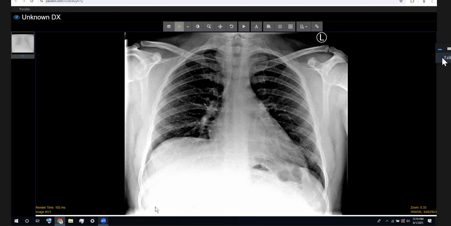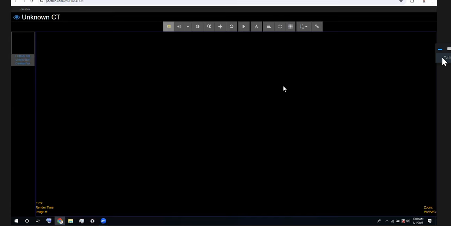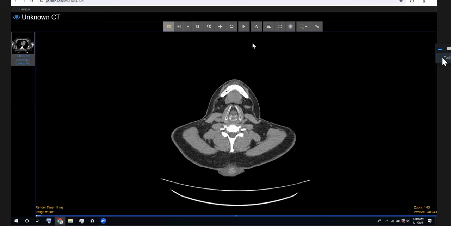Have a look at the CT. Extramedullary hematopoiesis, someone's put. Maybe. I'm not giving much away here.